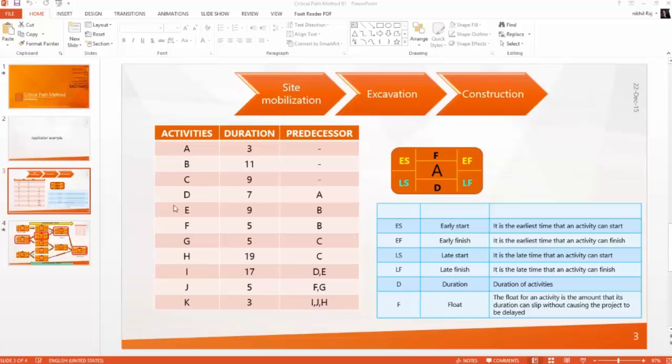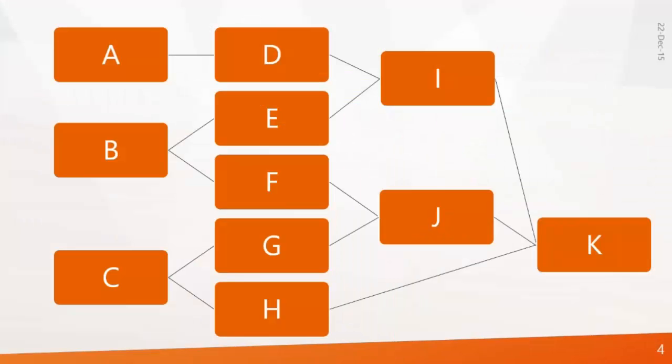Now I'm going to create a network diagram based on the activities, their durations and their predecessors. So here is the network chart. As per the example, I have arranged all the activities. Activities A, B, C will start concurrently.